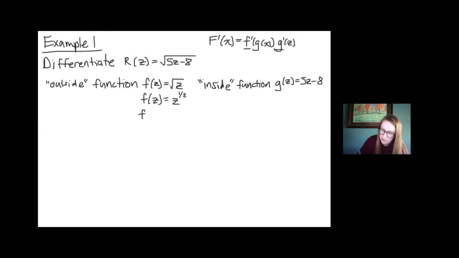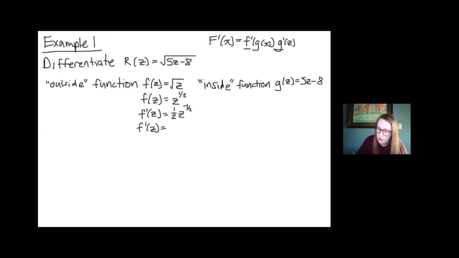So when we take the derivative, it becomes 1/2 z to the negative 1/2. So the exponent comes down in front, and then we subtract 1 from the original exponent. That becomes our new exponent. Okay, let's go ahead and rewrite this. So to get this exponent to be positive, we need to move the z term to the denominator.